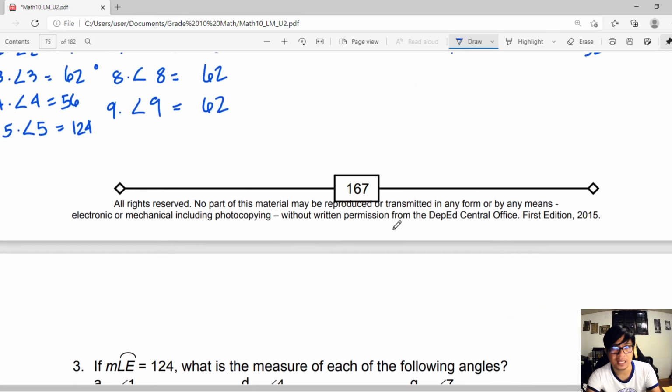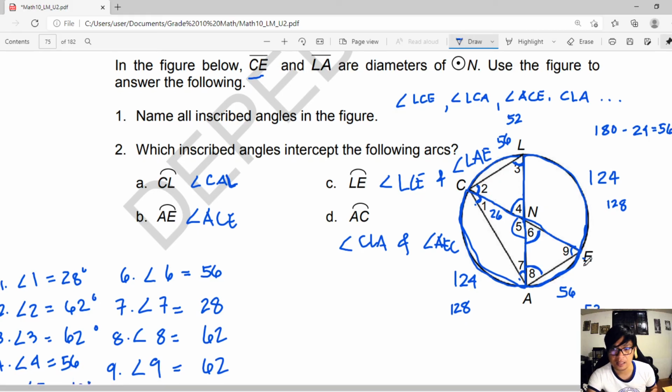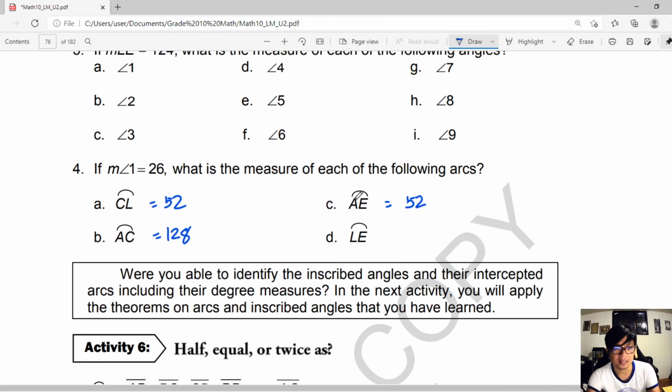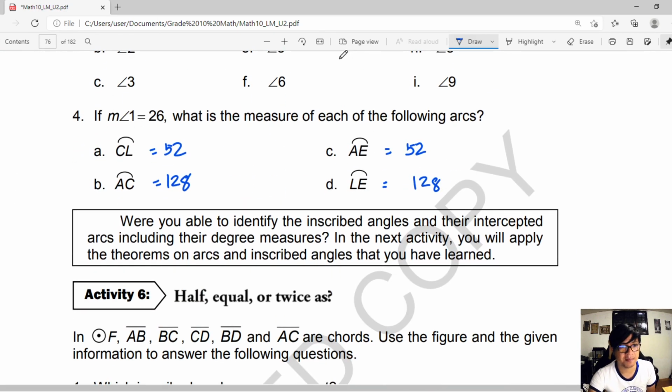And LE, ito LE, it's 128. Okay? So, assuming lang na yung measure na ng 1 is 26, sinabi dito. So, yan yung mga corresponding measure ng kanyang arc. Itong arc CL, arc AC, arc AE, and arc LE.